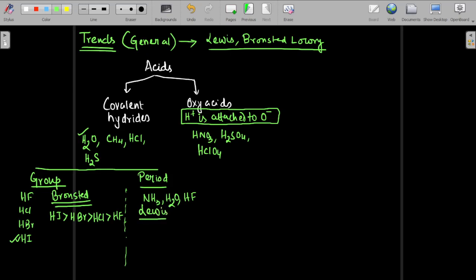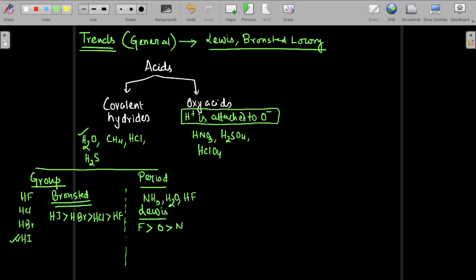If we apply the Lewis concept, what do we see? Lewis means an acid should accept electrons. Which one accepts electrons more easily? The non-metal that accepts electrons most easily among these three. It is very clear that fluorine has higher electronegativity than oxygen, which is higher than nitrogen.